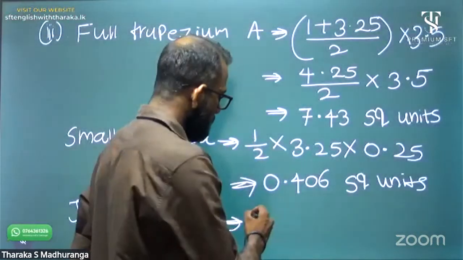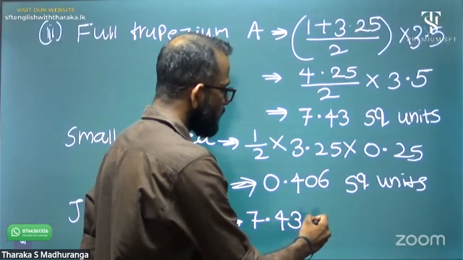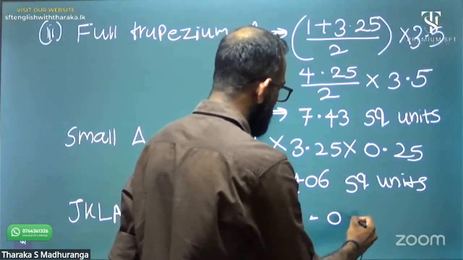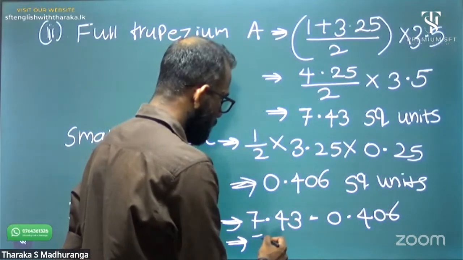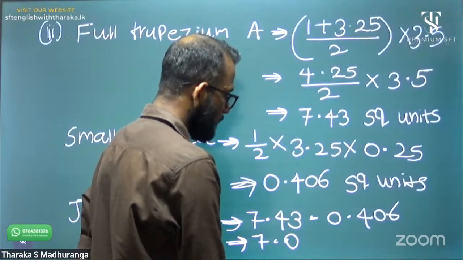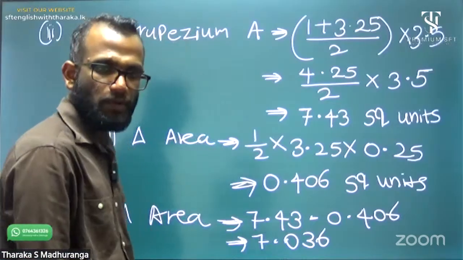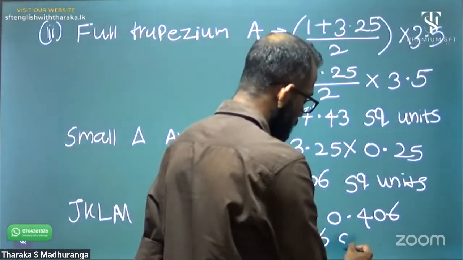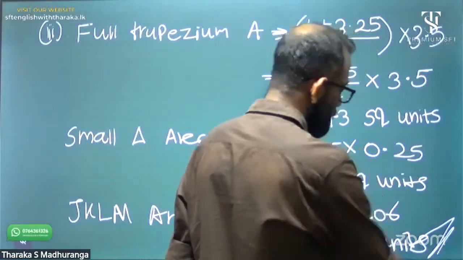Then 7.43 minus 0.406 is 7.036, right? 7.036 square units. Okay, this is the final answer.